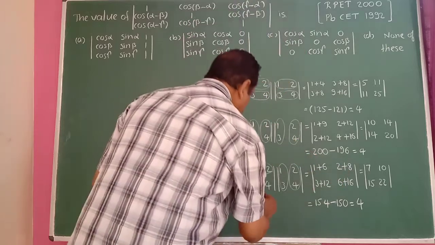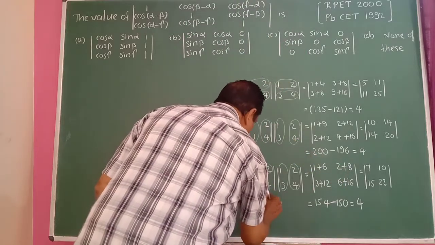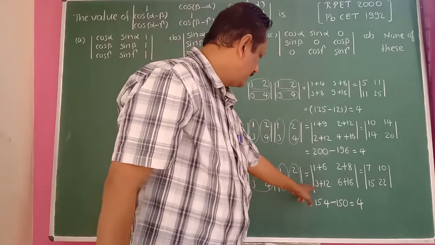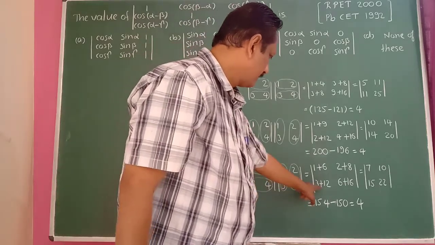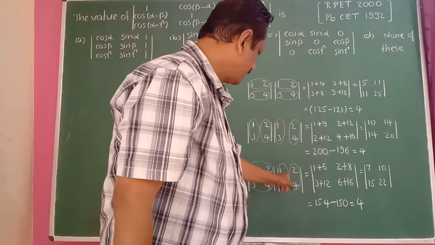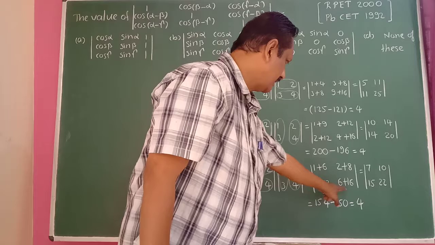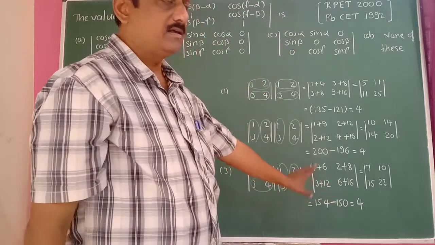Then multiply the second row with the first column: 3 into 1 becomes 3, 4 3s are 12. Multiply this row with the second column: 3 2s are 6 and 4 4s are 16. Again simplify, we get the answer 4 here.